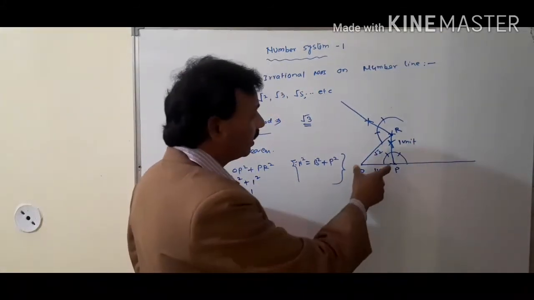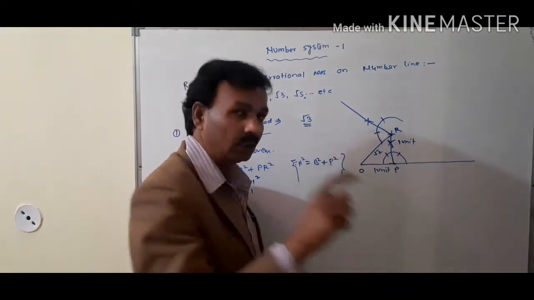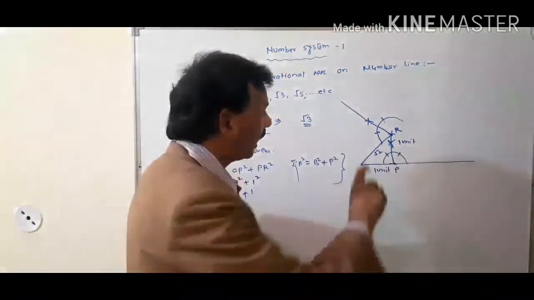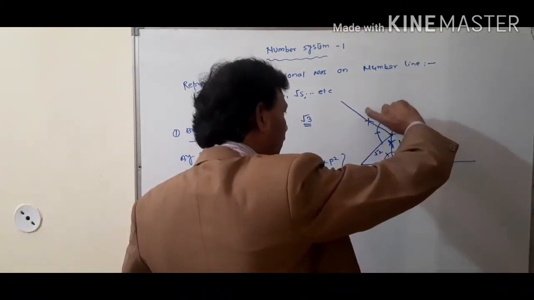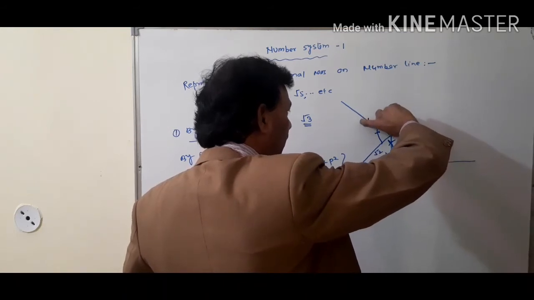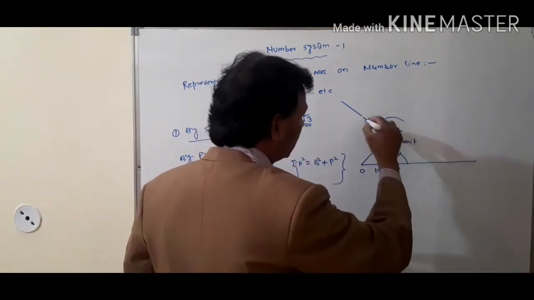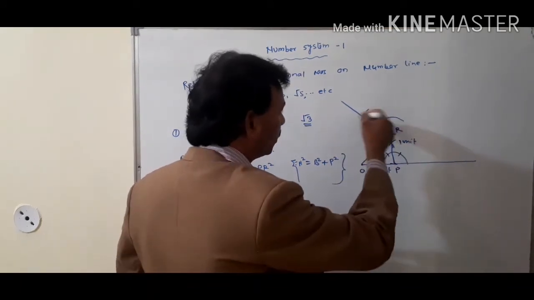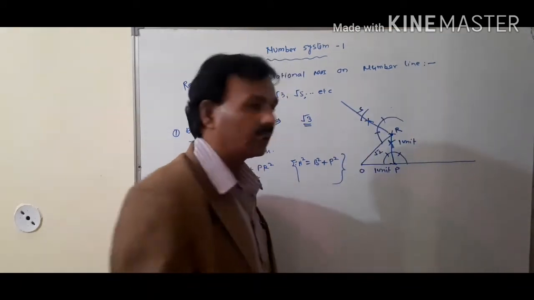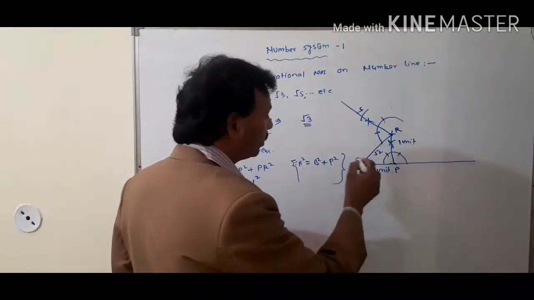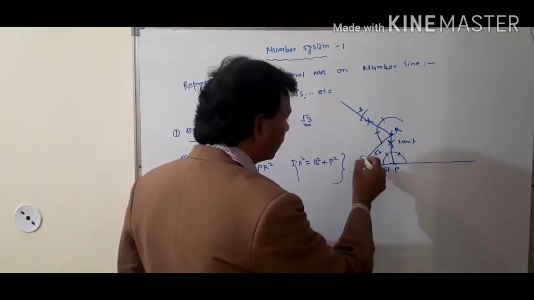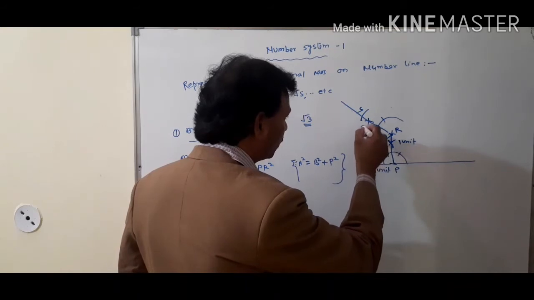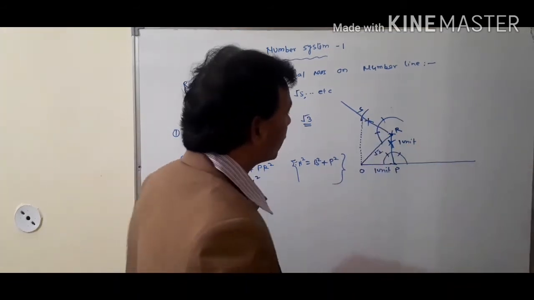Again, measure the length of OP in your compass and cut from R, like this. That means from here you should cut another arc from R. Suppose this point is represented by S. Then join O to S with the help of a scale.